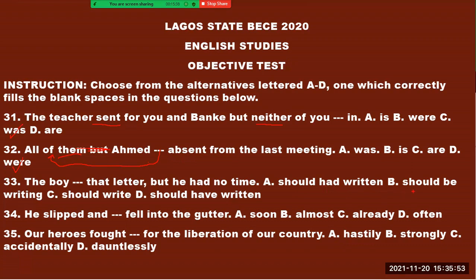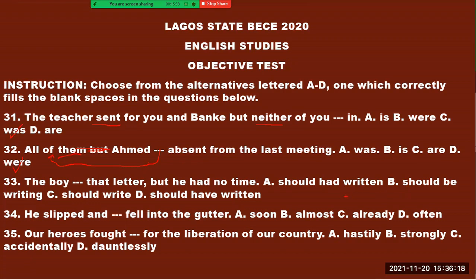B, should be writing, no. That is also not correct. But he had no time means it's referring to the past time. And when something is in the past, it's done and dusted. So we cannot say he should be writing, because we are not referring to a present continuous activity. We are referring to a past event.